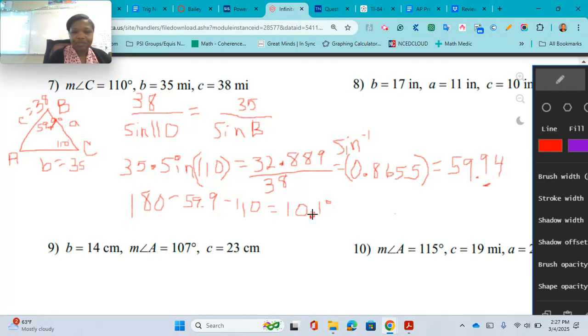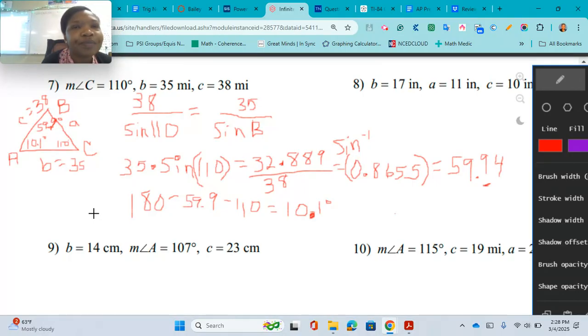That's a decimal. 10.1 degrees. Decimal. All right, and the last thing that we need to find is the side of A. How can we find it?